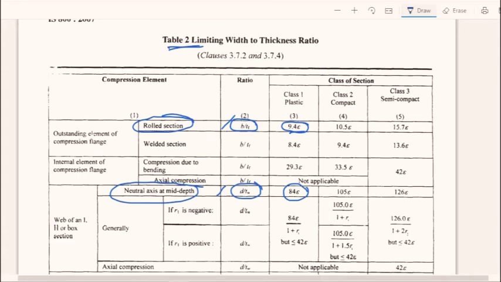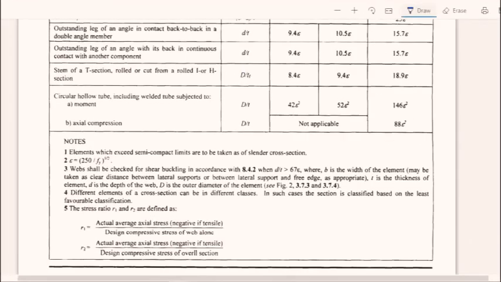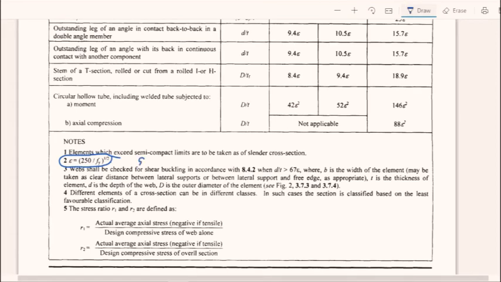And what is epsilon here? Epsilon is equal to root over 250 by fy. Generally for the steel sections we use, fy is 250. So epsilon is root over 250 by 250, which is equal to 1. So epsilon is mostly 1.